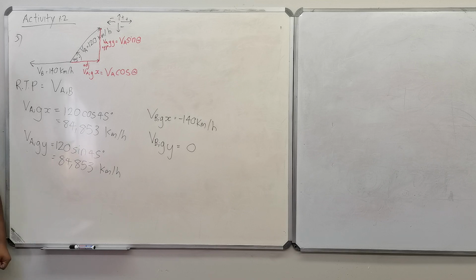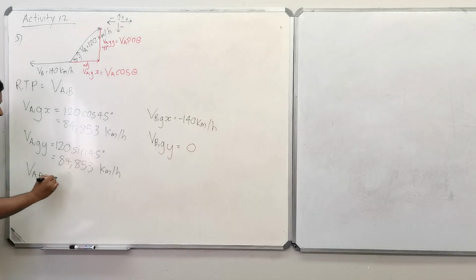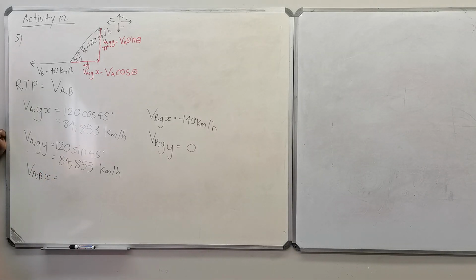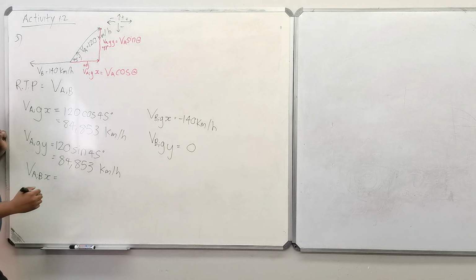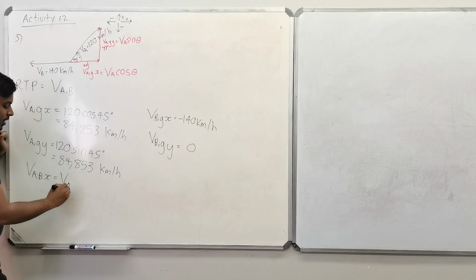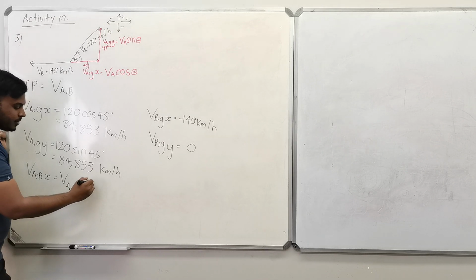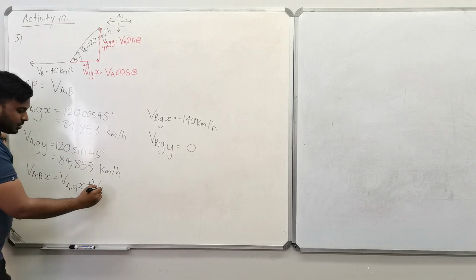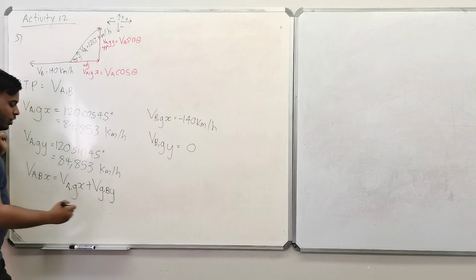That will give us the horizontal and vertical components and values for the theorem of Pythagoras. So velocity of A relative to B along your x-axis will be equal to what? Velocity of A relative to the ground along your x-axis plus velocity of ground relative to B along your x-axis.